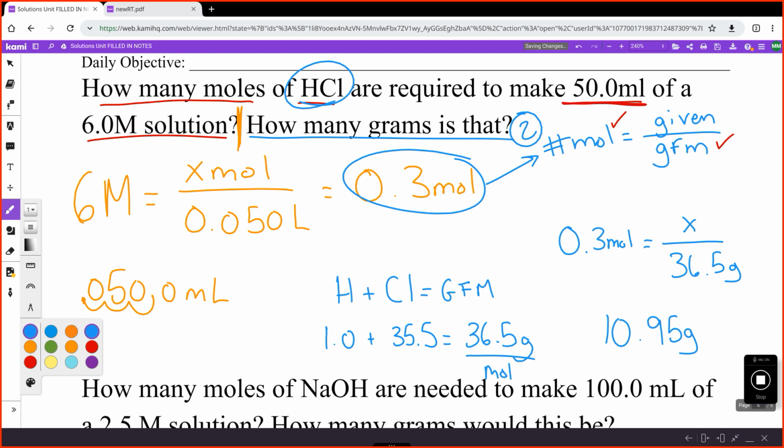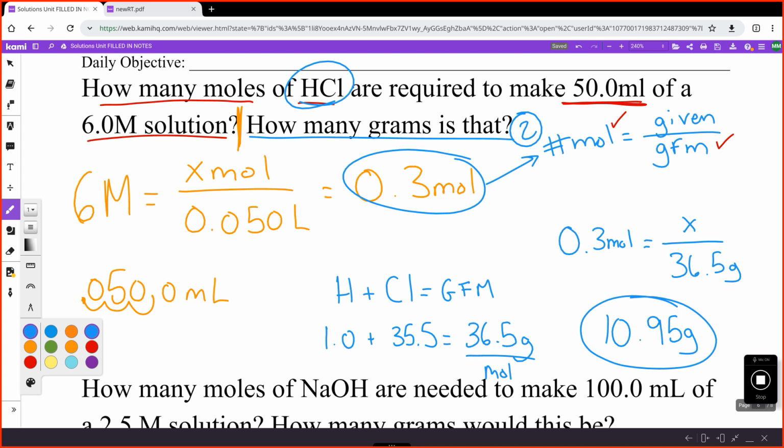Now that doesn't have the right significant figures; it would actually be 11, but that's neither here nor there. This number right here would be your final answer.